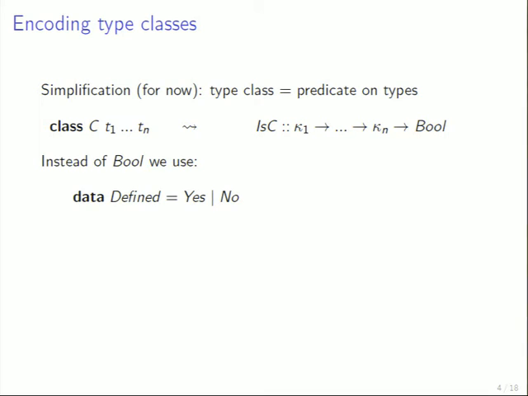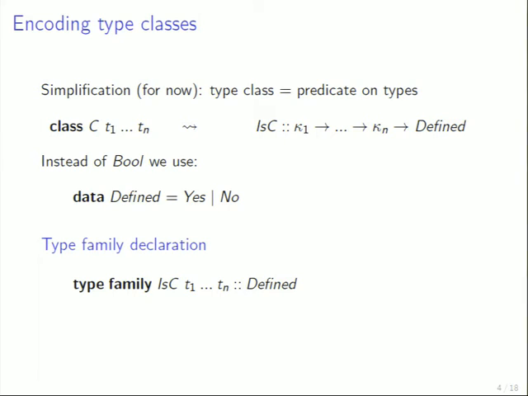But actually, I will not use the bool here, but instead this promoted data type, which is isomorphic, which just says yes or no, because later on I will refine this type so we can add additional information here. So we define a type class like this as a characteristic function from the n arguments to defined.